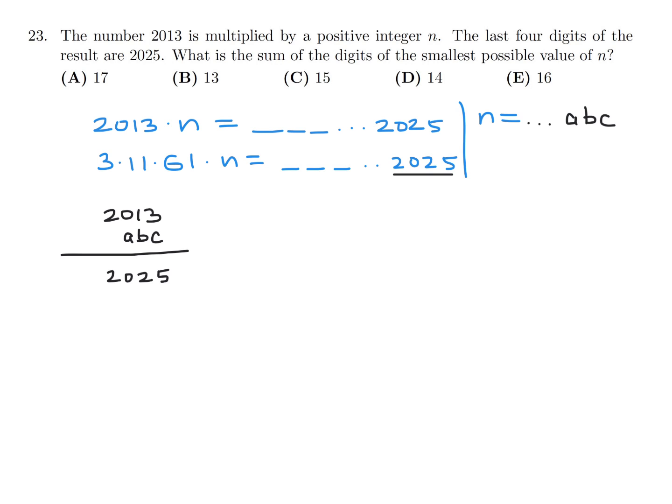Okay, so let's see. The first thing I notice is that this has to have a 5. So we have to multiply 3 by something to get it to give a 5. And the only thing that could work is a digit. C represents a digit from 0 to 9, right?